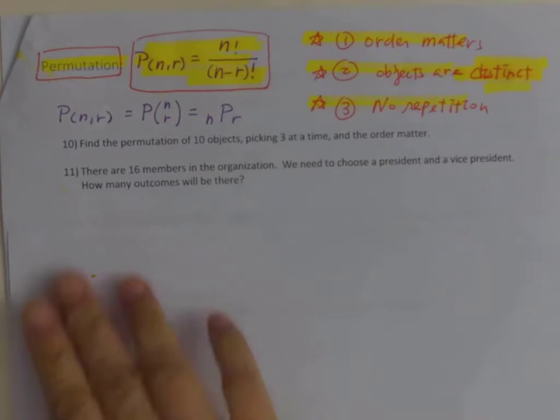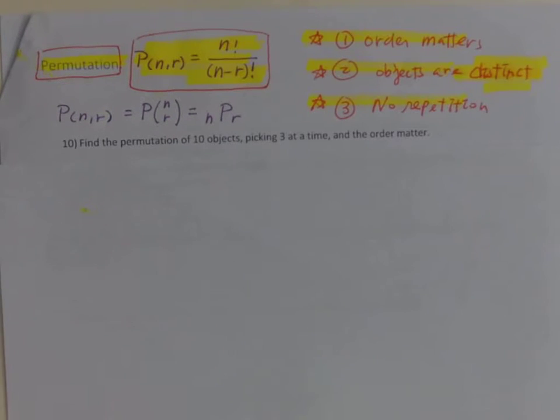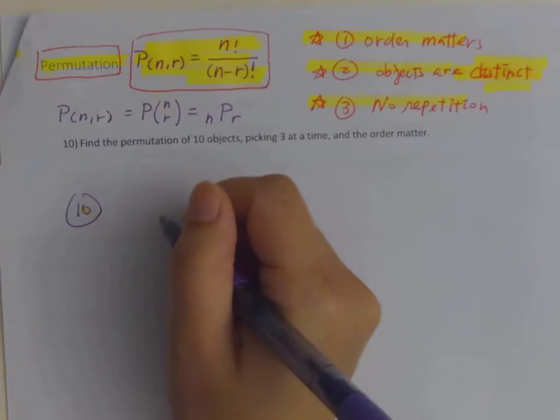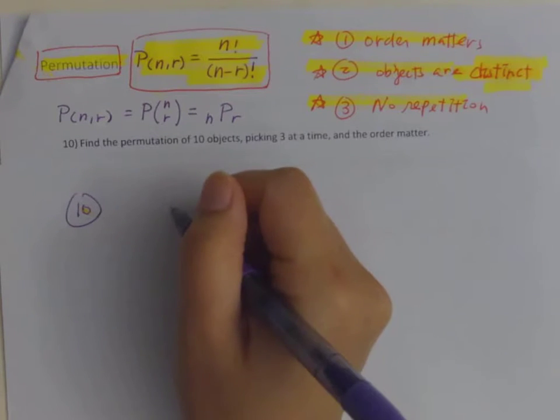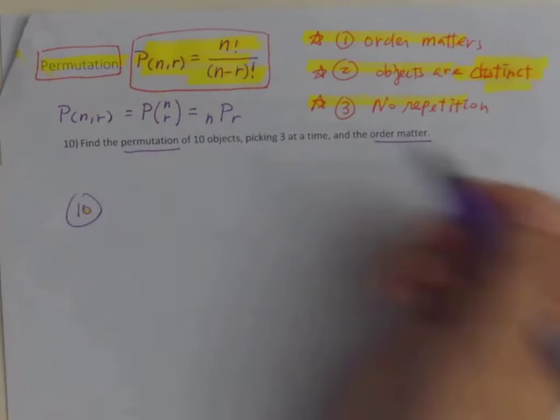All right, so let's try some examples. Let's look at number 10. Number 10 says find a permutation of 10 objects picking 3, and the order does matter. So the order mattering gives us permutation, but they told us too.